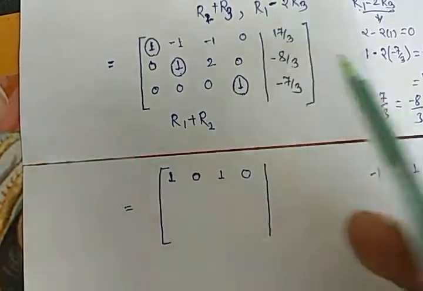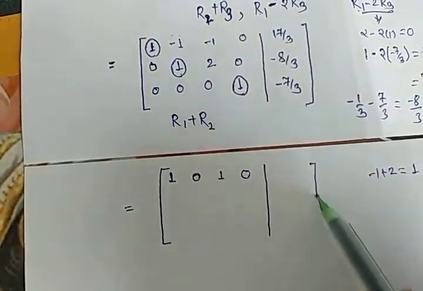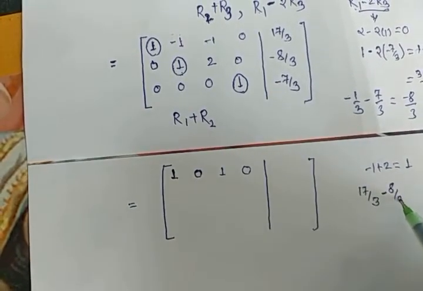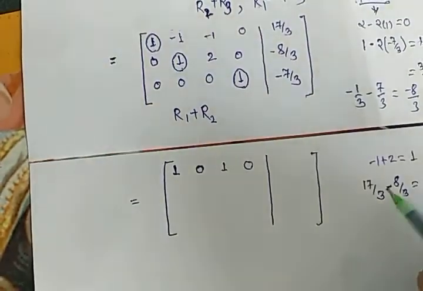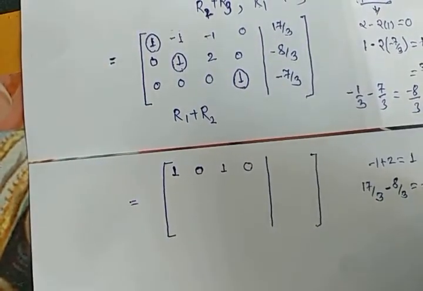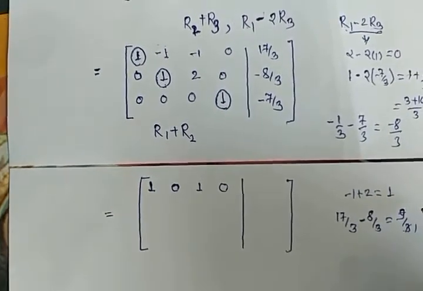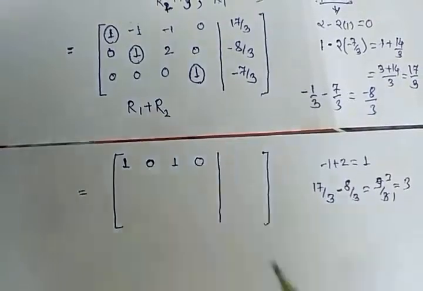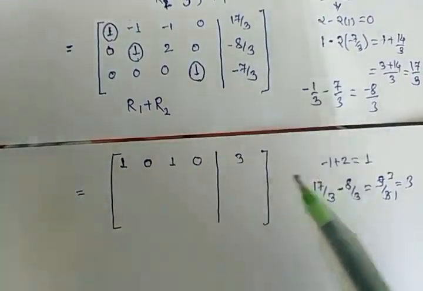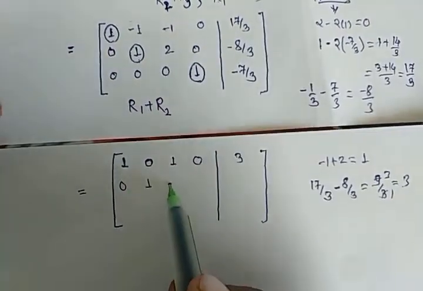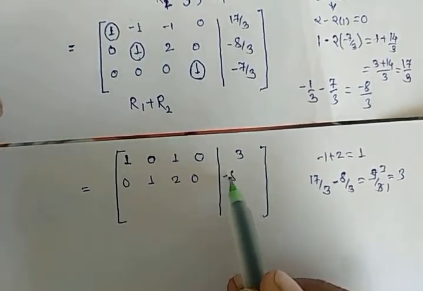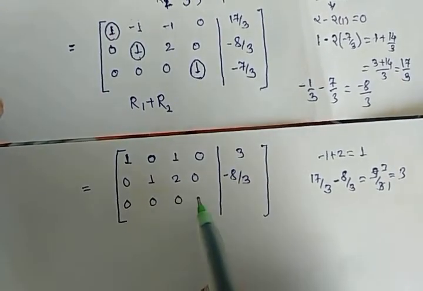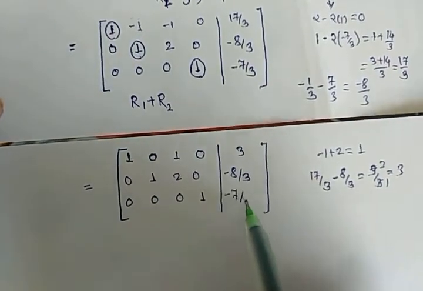Next 17 upon 3 minus 8 upon 3, the denominator is the same, and 17 minus 8 is 9 upon 3, so we get 3. Next, second row as it is: 0, 1, 2, 0, minus 8 upon 3. And third row also as it is: 0, 0, 0, 1, minus 7 upon 3.